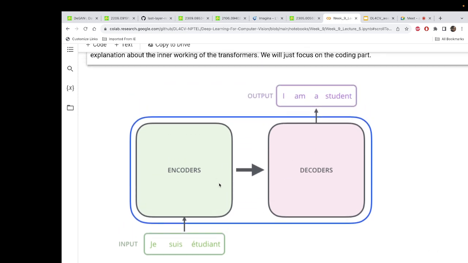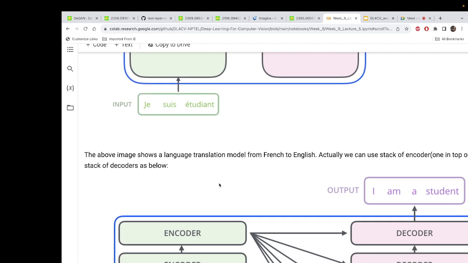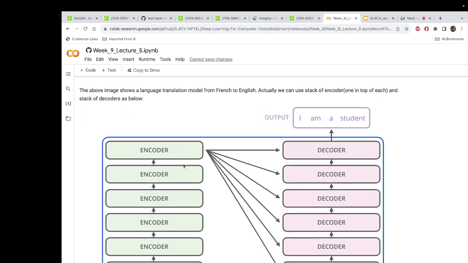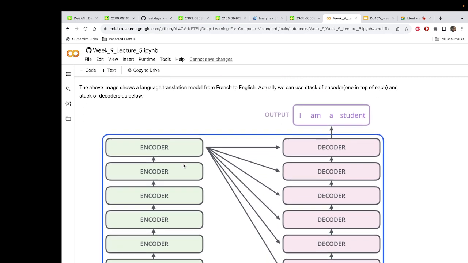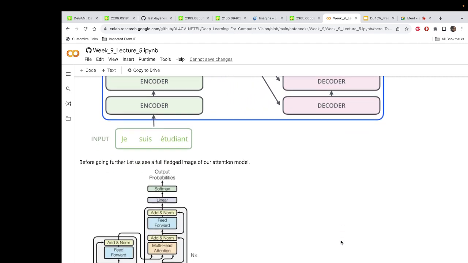The example is again machine translation. It says here that the above image shows a language translation model from French to English. And like we talked about, there are 6 encoder layers here, 1, 2, 3, 4, 5, 6, and 6 decoder layers.